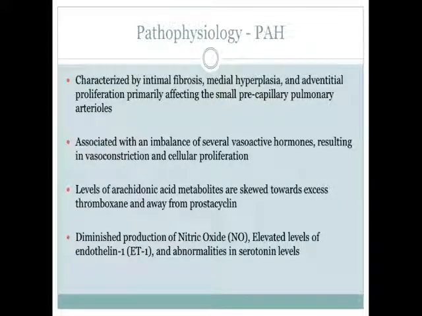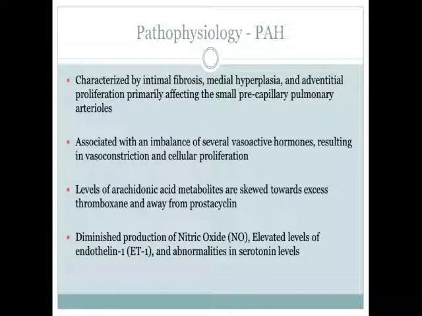So the levels of arachidonic acid metabolites are skewed away from prostacyclin, which is a potent vasodilator, inhibits platelet aggregation, and has anti-proliferative effects on smooth muscle, and it skews towards thromboxane, which does the opposite. You have diminished production of nitric oxide, which is also a potent vasodilator, and elevated levels of endothelin-1, which causes vasoconstriction.